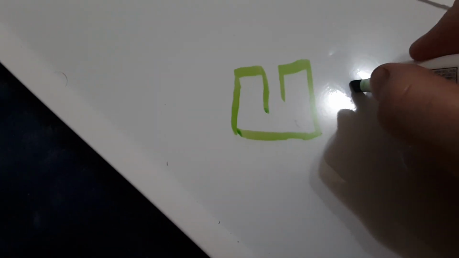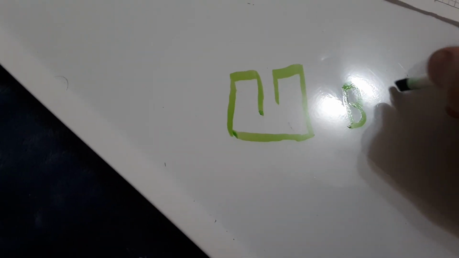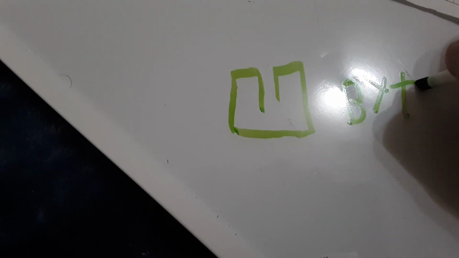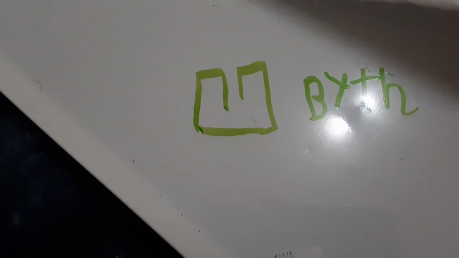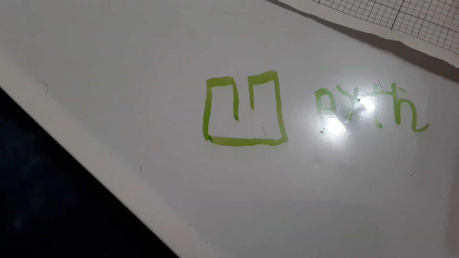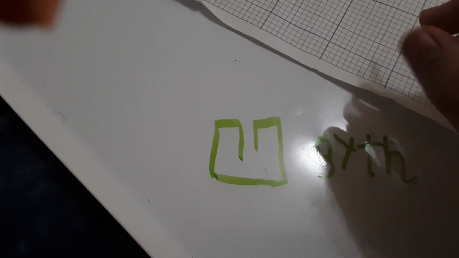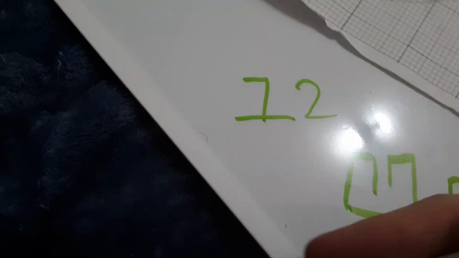And this is the letter that they call Beth, or the glyph that they refer to as Beth, and it came to represent the number 2 in Hebrew and in Canaanite and Aramaic and all that type of stuff.